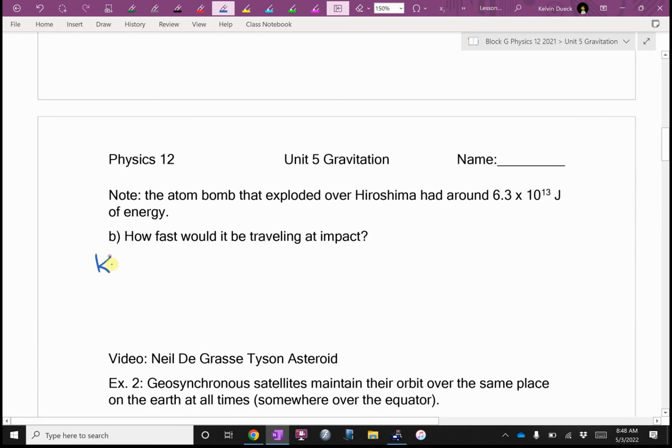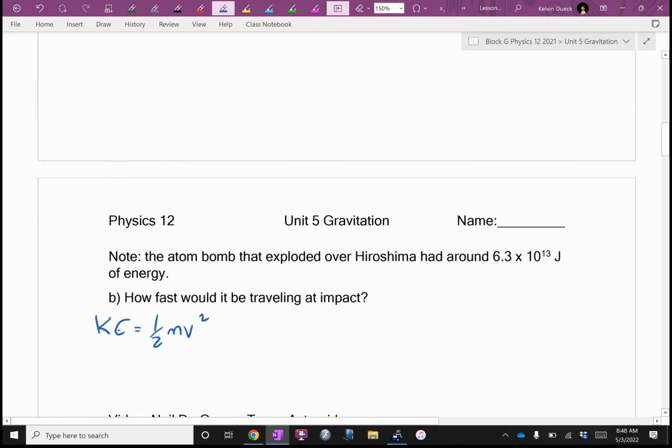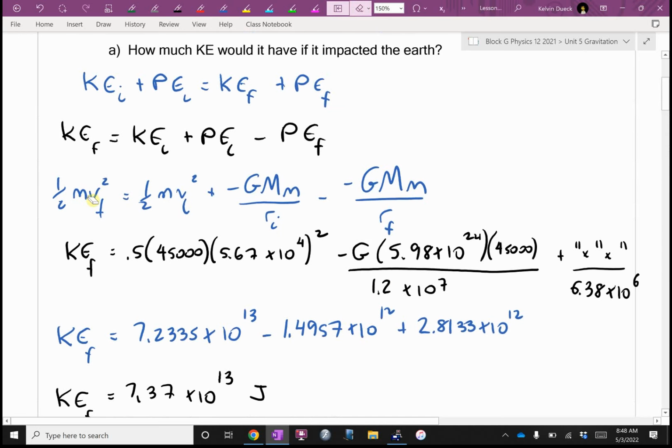Now, I'll start out with kinetic energy equaling a half mv squared, and I'll get the v by itself. This is probably how I would do this whole question, Mason, if they just asked me to find speed. Although I might have canceled out the little m on this line right here to make my work a bit easier. But what I would not have done is actually get the v by itself.